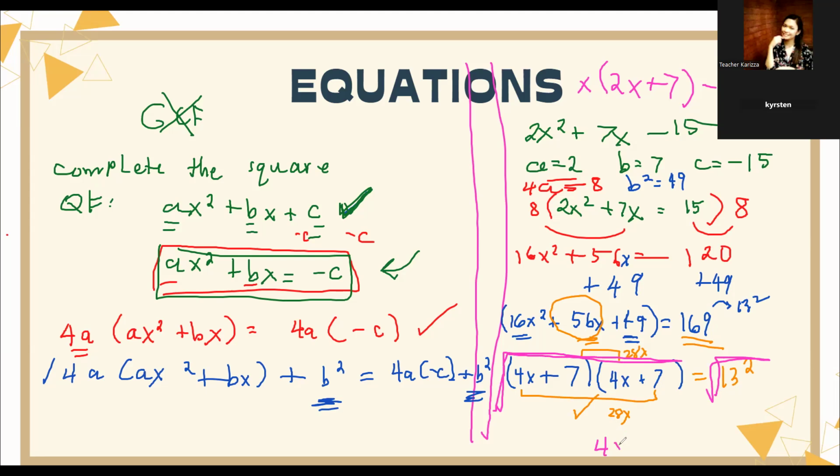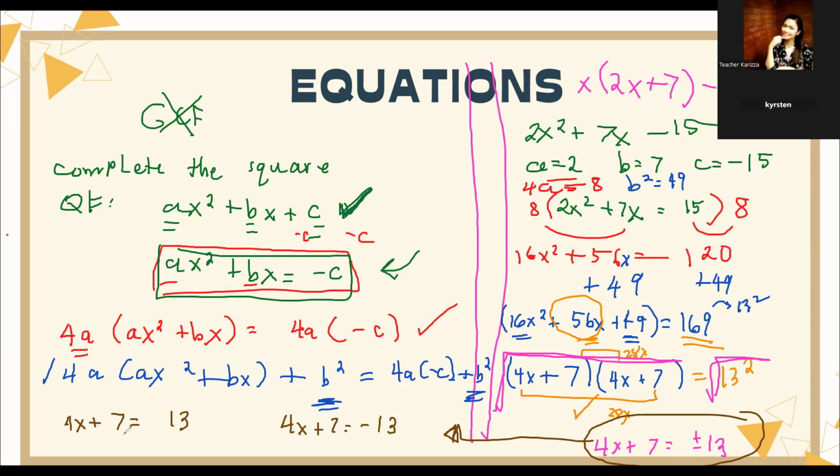We have 4x plus 7 is equal to positive negative 13. So last step, let's solve for our zeros. We have 4x plus 7 is equal to positive 13, and 4x plus 7 is equal to negative 13. So minus 7, you have 4x is equal to positive 6.